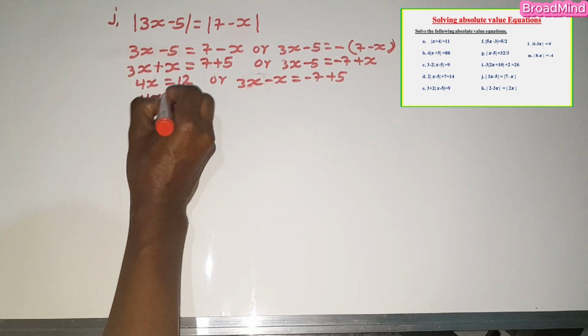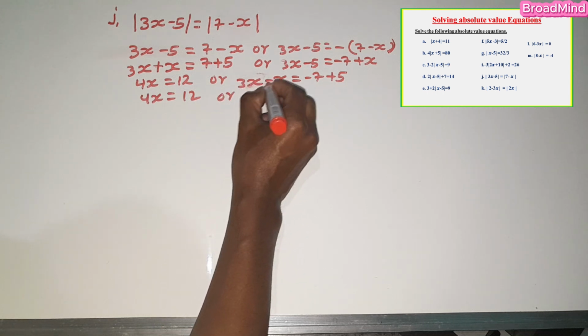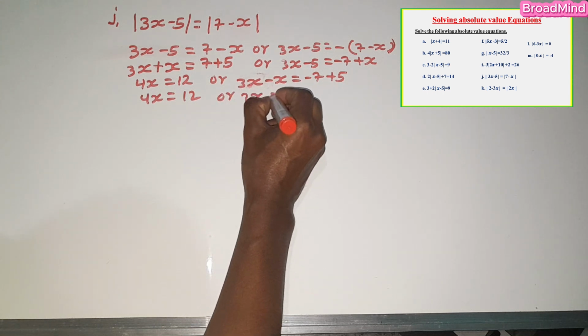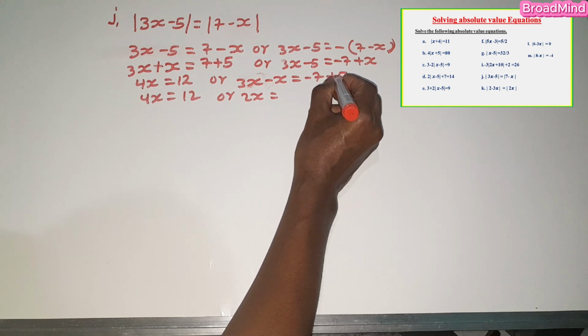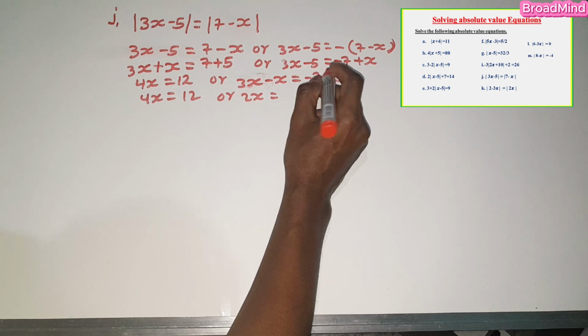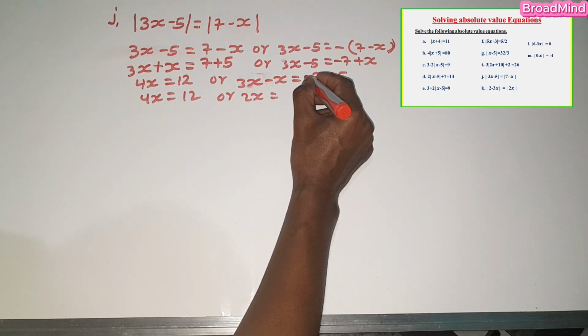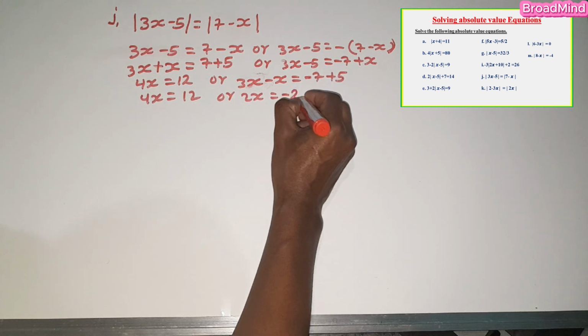Okay, 4x is equal to 12, or here 3x minus x, 2x is equal to, 7 is more than this but it has a negative sign, then negative 2.